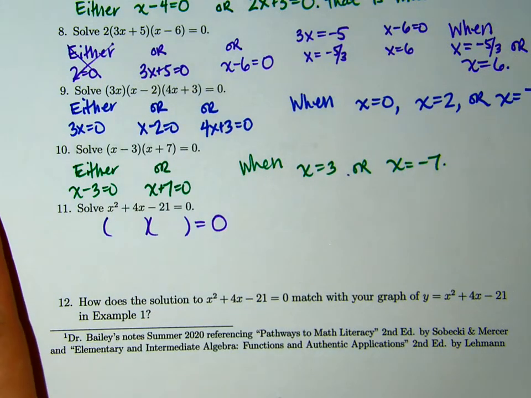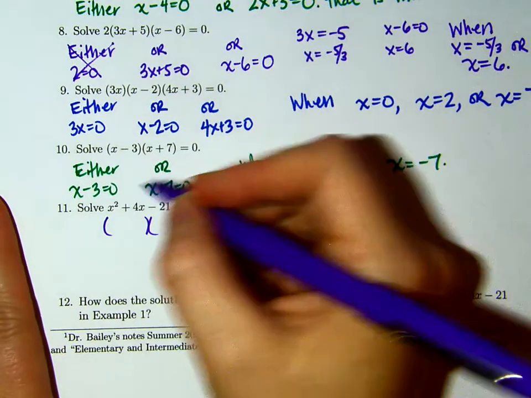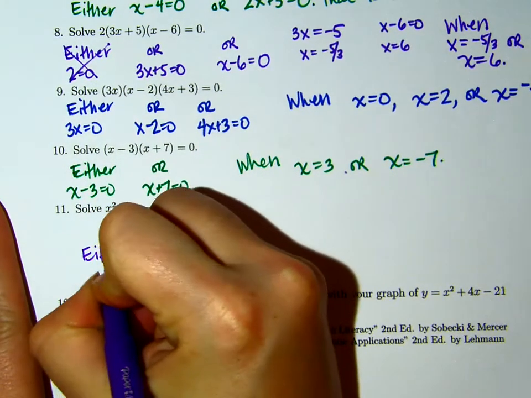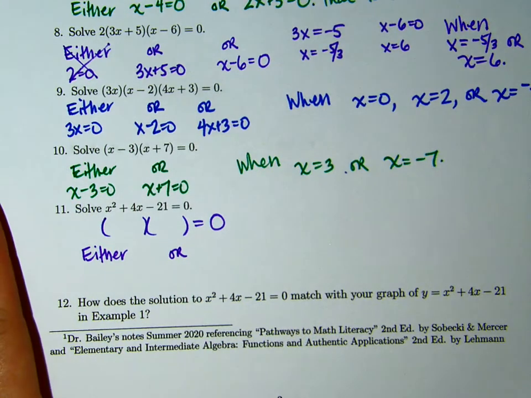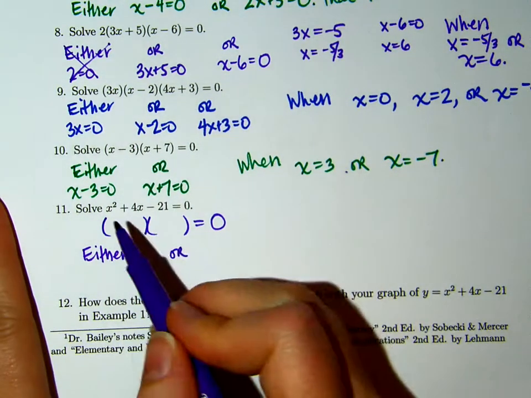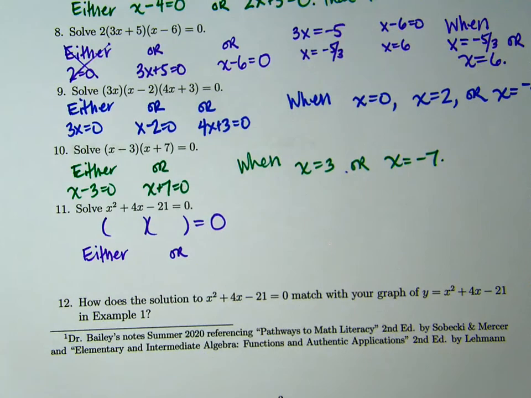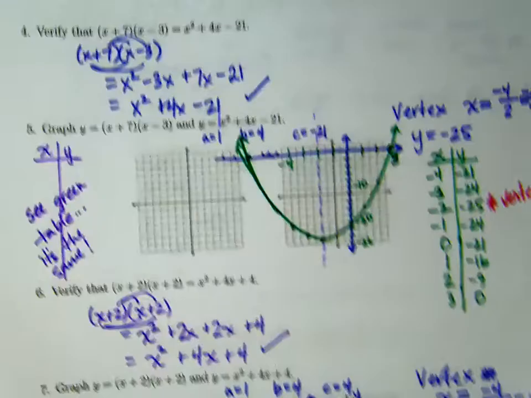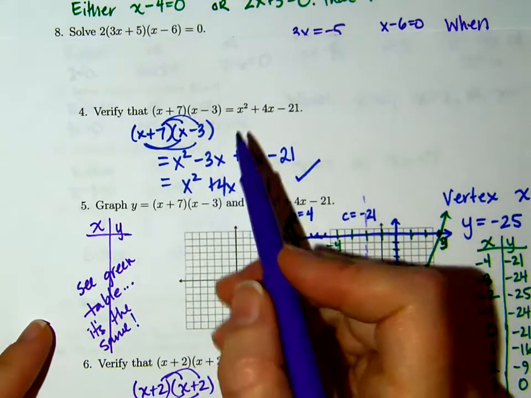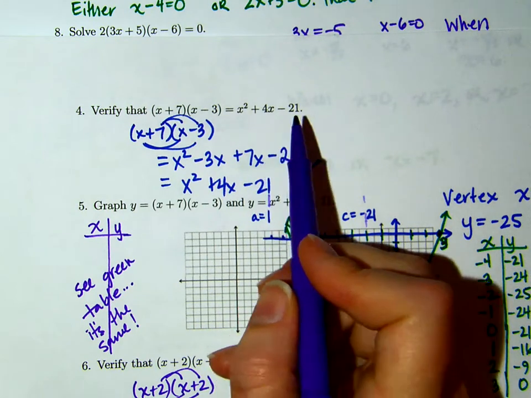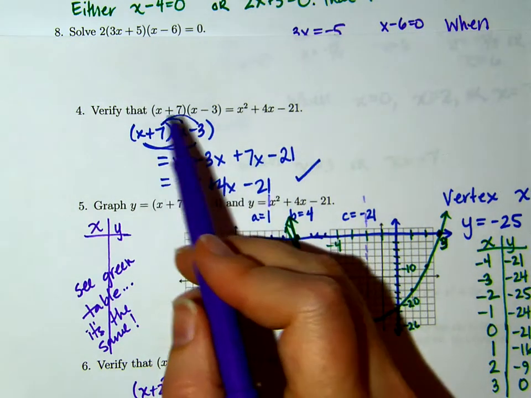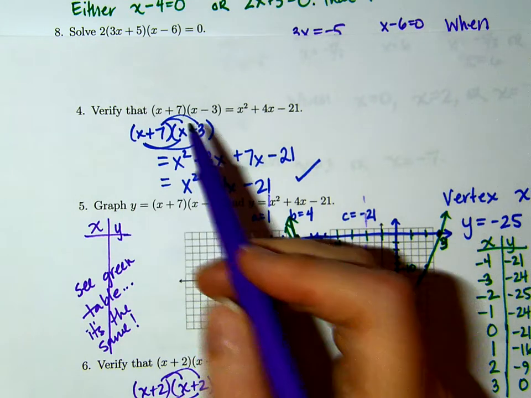We would go with this, and then we would do this either-or business. So either, or, right? So now I'm going to look back. Did we do this one? I swear I remember seeing that. Hold on. There. We said that x squared plus 4x minus 21 was x plus 7 times x minus 3.